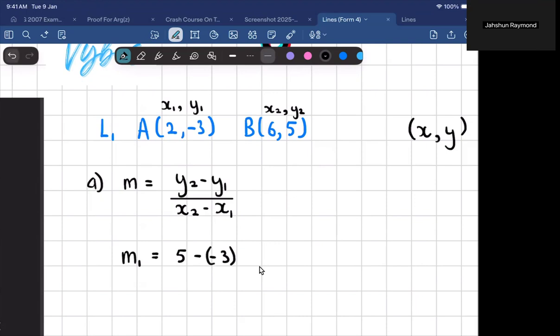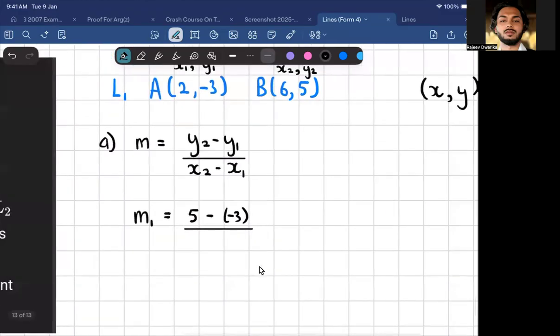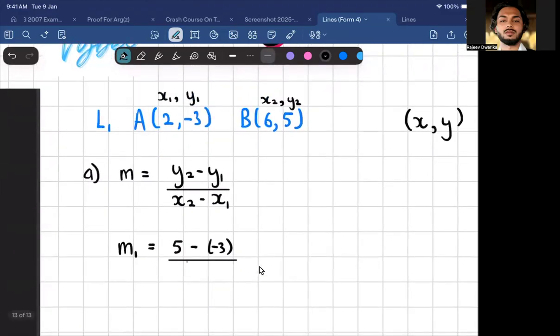In brackets, sir. Yeah, I need to put it in brackets. And I'm going to put that all over x2. What is x2? 6. Right, 6, minus x1. What is x1? 2. Right.